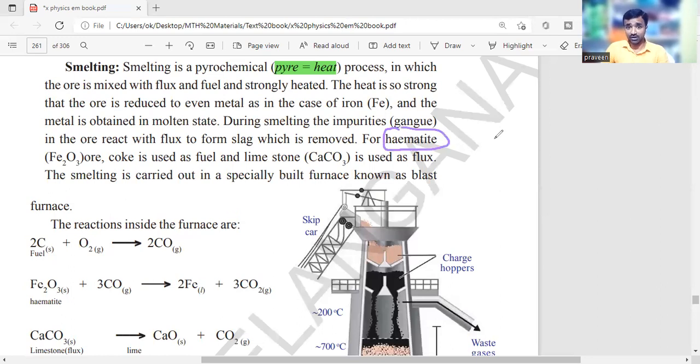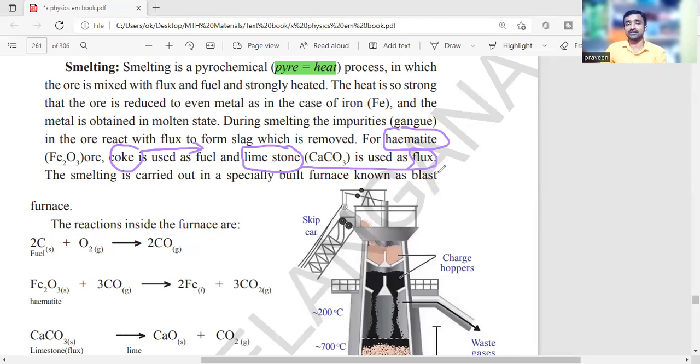In that we have impurities. To remove those impurities, we use coke as fuel, and limestone is used as flux. So remember that. In the process with hematite, we use coke as fuel and limestone as flux.